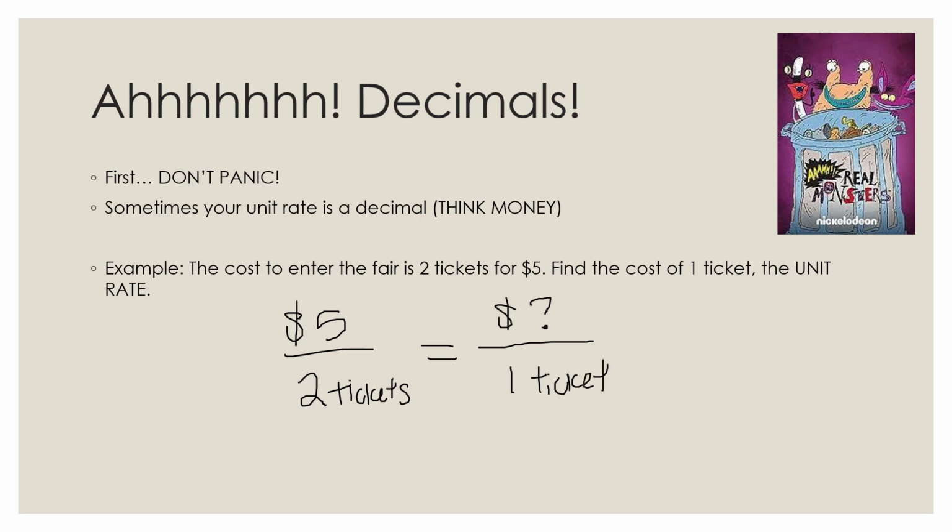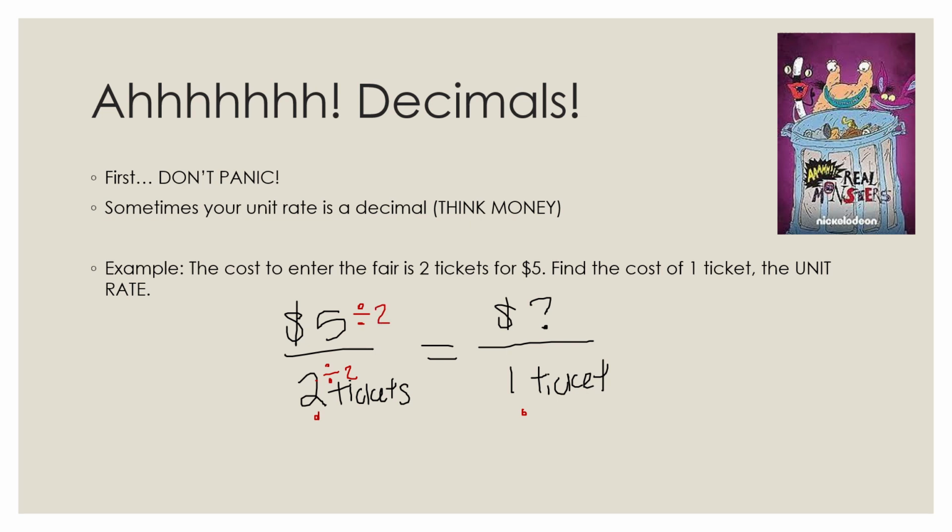Well, this is just equivalent fractions. We need to ask ourselves, what can I divide 2 by to get 1? Well, any number divided by itself is 1. So if I go 2 divided by 2 here, then I'll have 1. But anything you do to the bottom of a fraction, you also must do to the top.